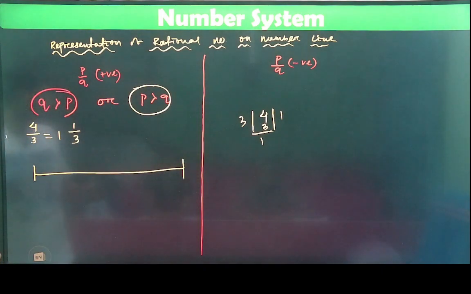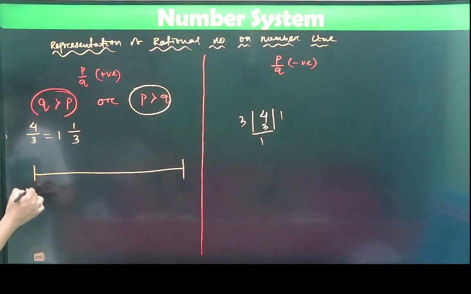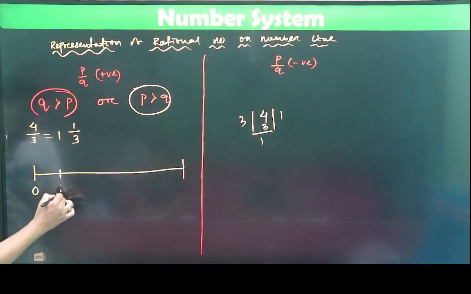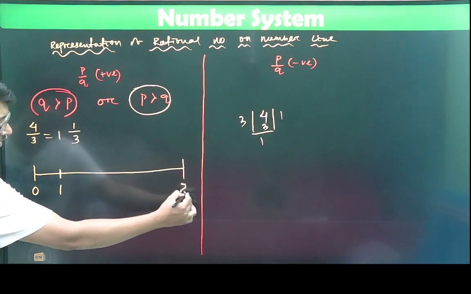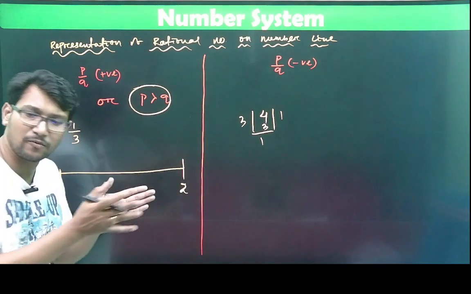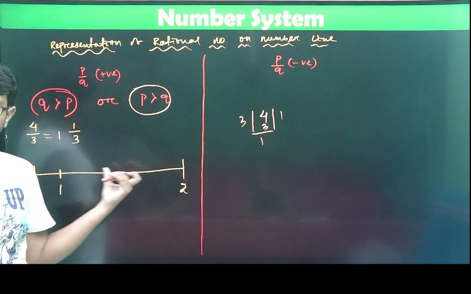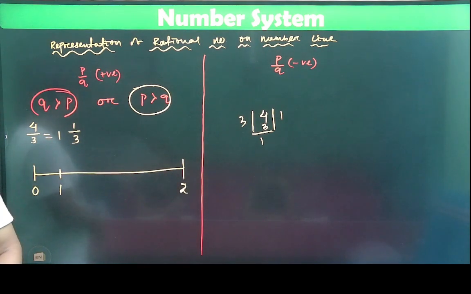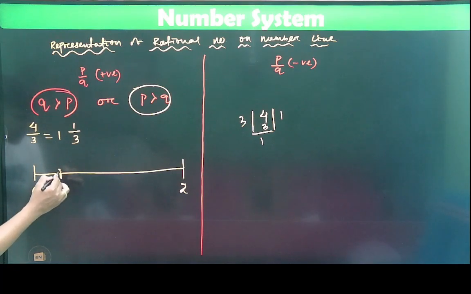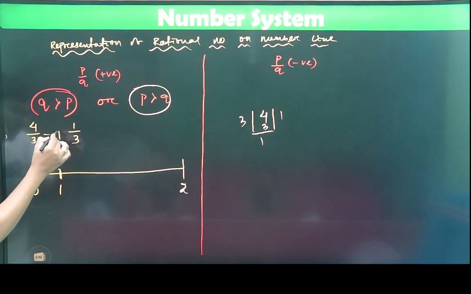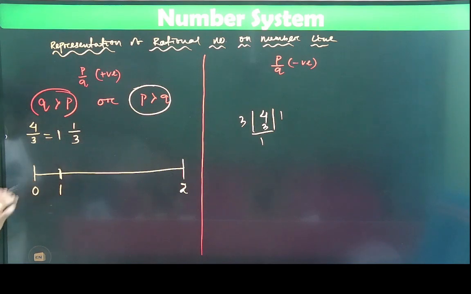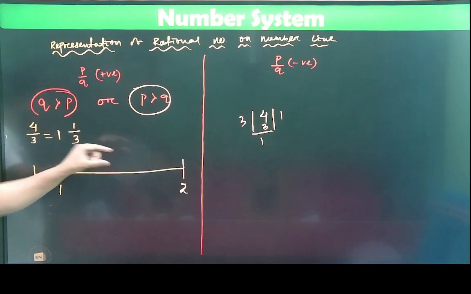Before 1 there is 0; this is 1 and this is 2. Basically we are going to expand 1 to 2, because this number will come between 1 and 2. Now 1 is already represented; 1 by 3 we have to represent.